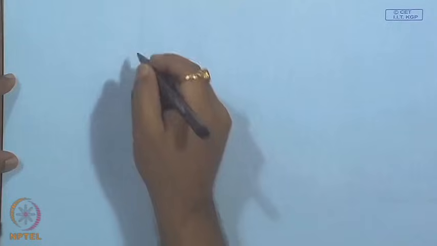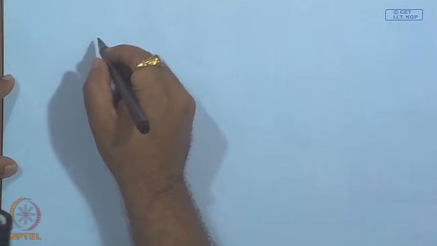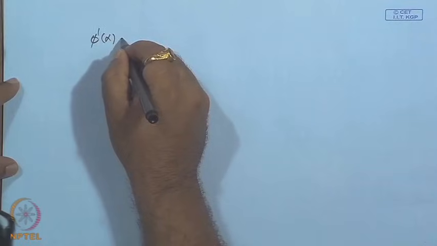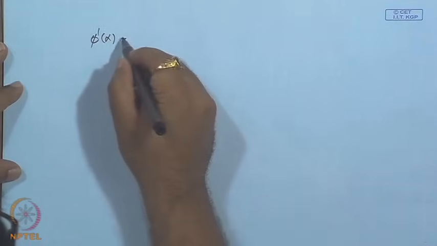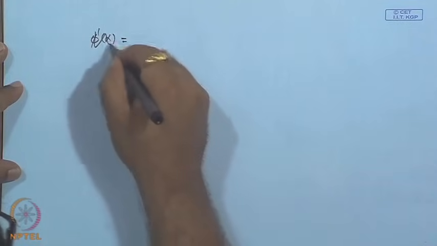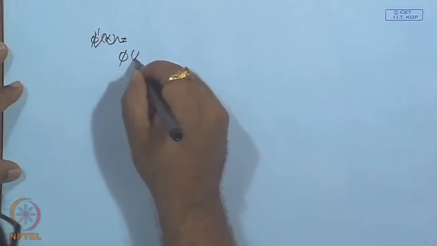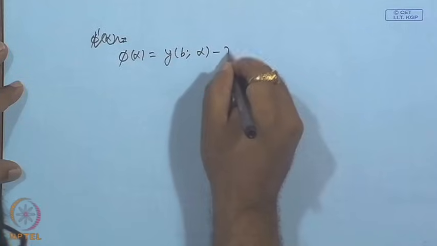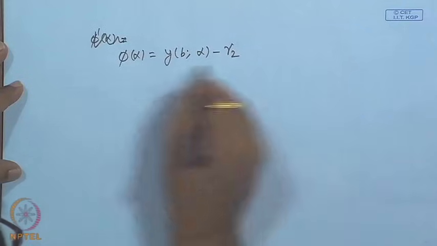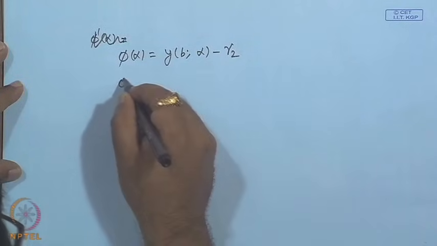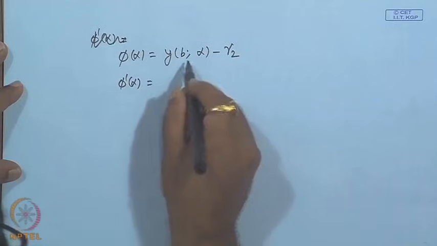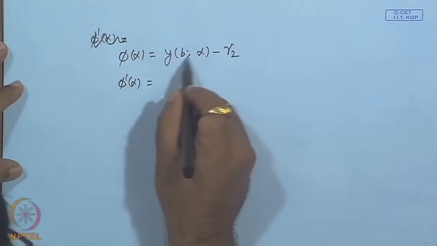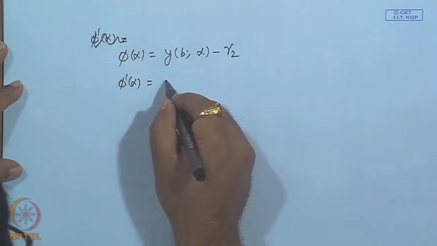So, let us see, phi dashed of alpha equals... see what was our phi? Let us start with phi. Phi of alpha is y of b, alpha minus gamma 2. Then if I differentiate with alpha, treating this as a two-variable function of the argument as well as the parameter.